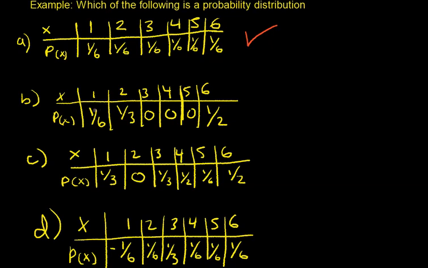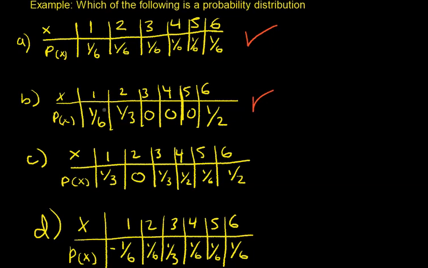Next, let's go ahead and check our criteria. If we were to add up 1/6 plus 1/3 plus 0 plus 0 plus 0 plus 1/2, it equals 1. Good. And then are all these probabilities between 0 and 1? Yes, they are. So this is a valid probability distribution function.